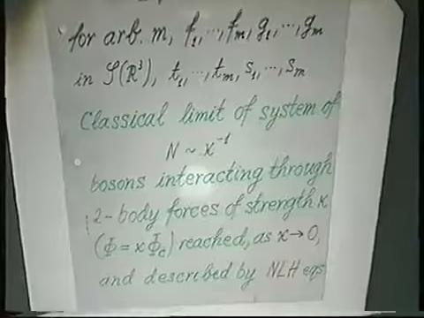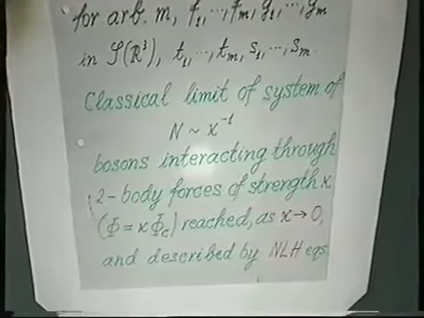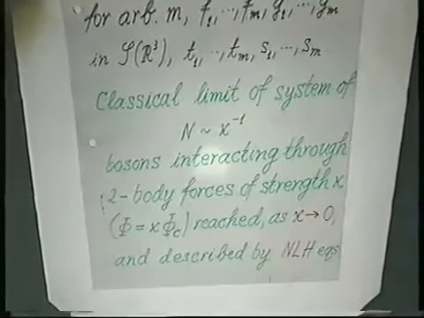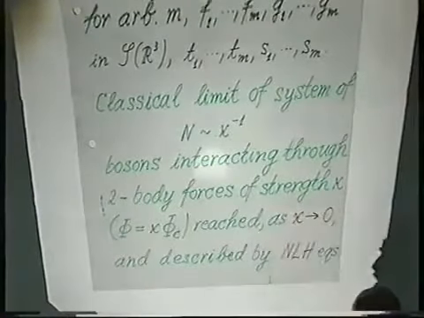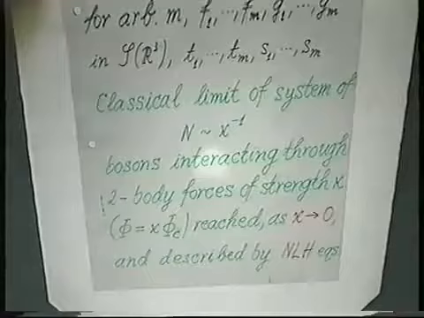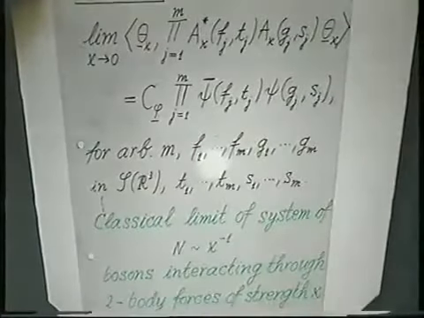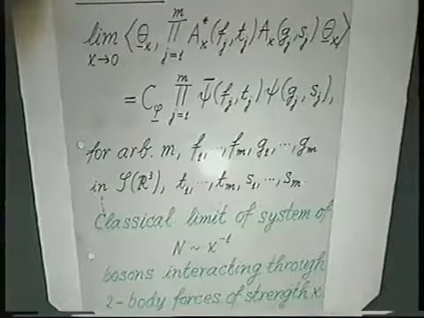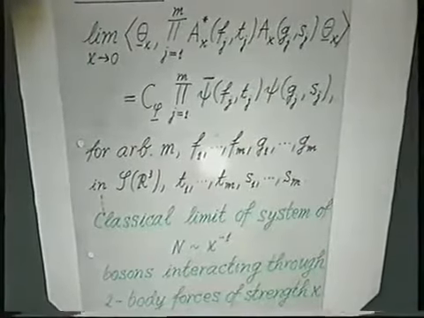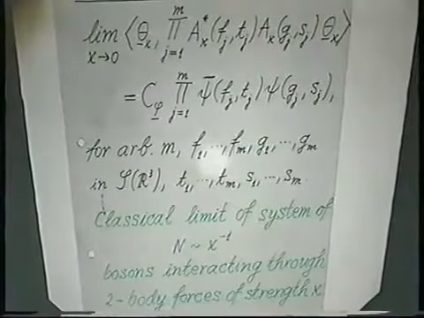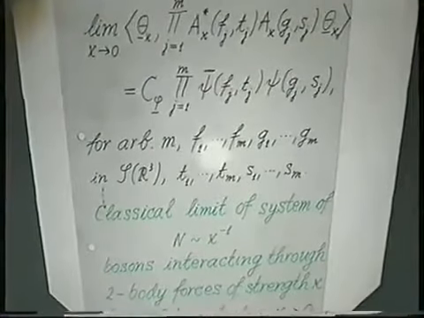Apparently the classical limit emerges when I have a lot of particles, of the order of kappa inverse, with very weak two-body interactions. Of course, there is an issue here, and the issue is how typical these vectors theta kappa are. Now, there are recent results due to Lieb, Seiringer, and Ingvason.